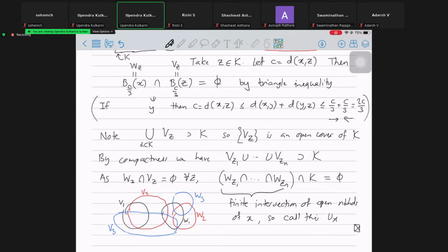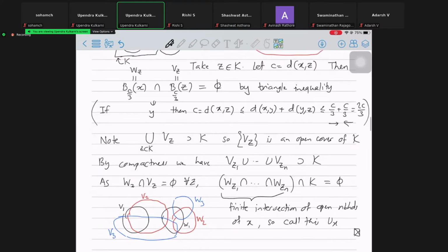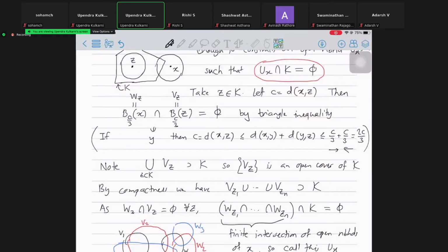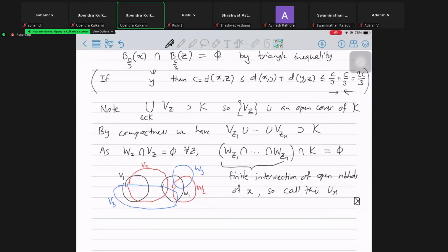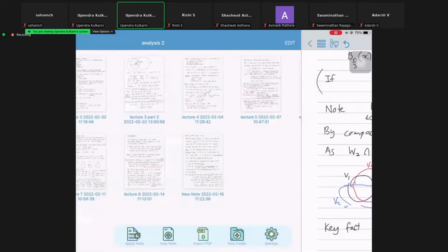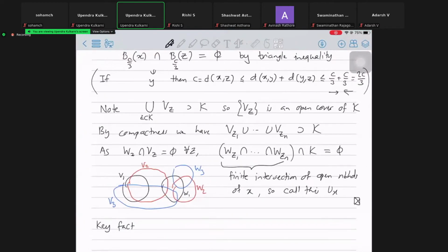So anyway, what property of these V's and W's made this work? Okay, so that's a bit bad, but let me just state the key fact.